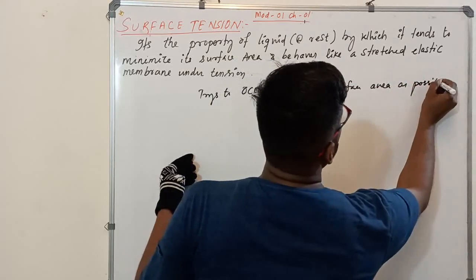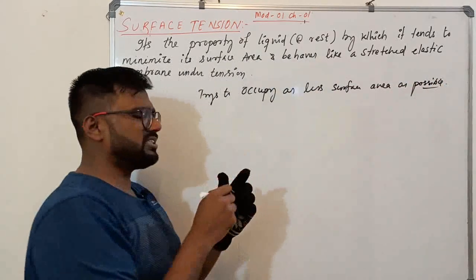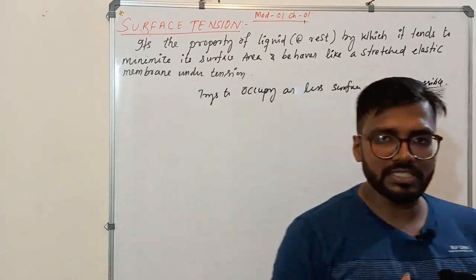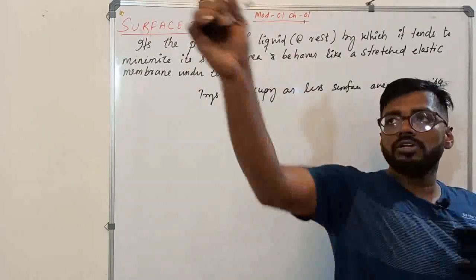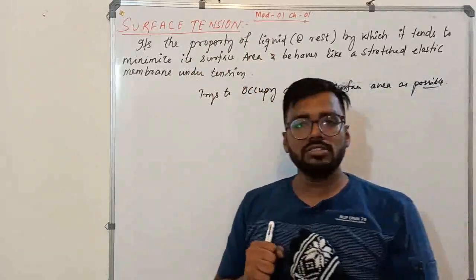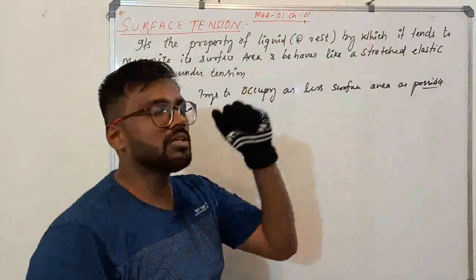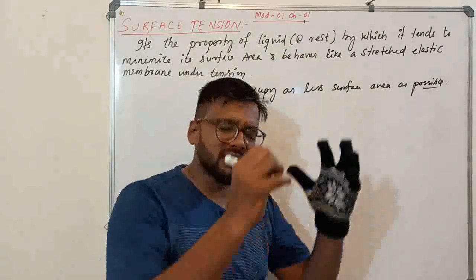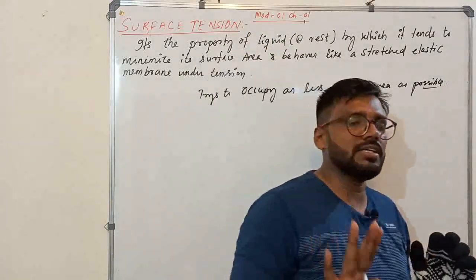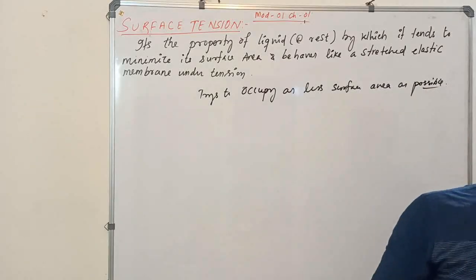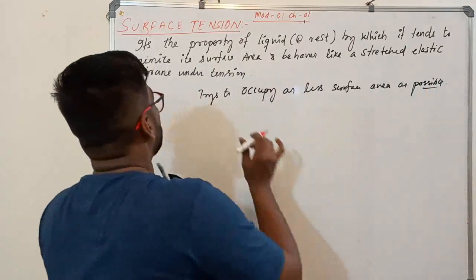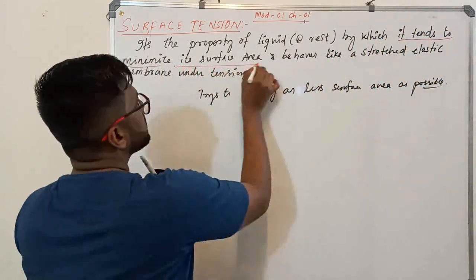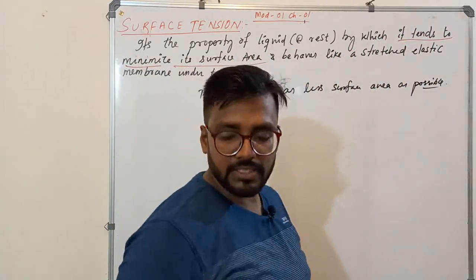How? The cohesive forces acting on the surface will try to pull the other molecules and they will try to shrink. They will try to occupy as little area as possible. That's why we say it's the property by which a liquid tends to minimize its surface area.